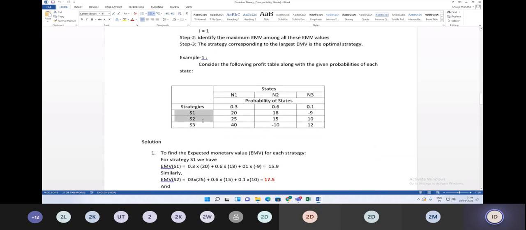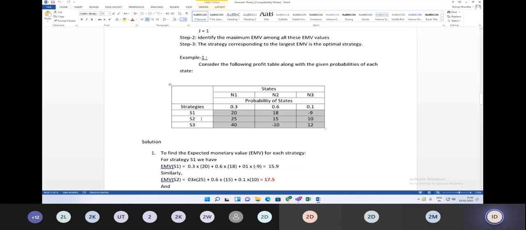There are three strategies and three states. These are the probabilities, right? And this is the cost matrix. Now here we have to find the EMV. The formula for calculating the EMV is 0.3 multiplied by 20 plus 0.6 multiplied by 18, plus 0.1 multiplied by minus 9, which will be 15.9.